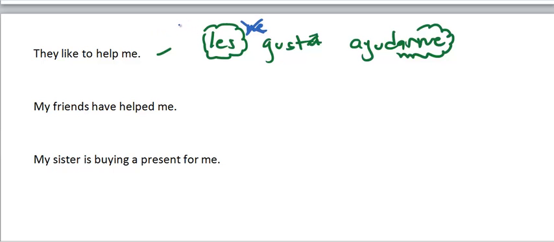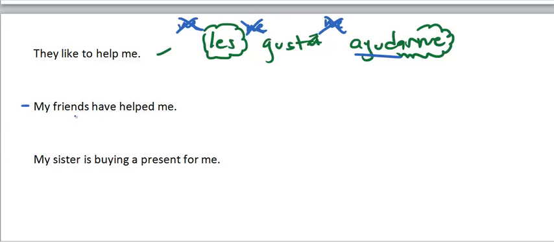You cannot say, me les gusta ayudar. Wrong. And les gusta me ayudar. Wrong. So with gustar and the verbs that behave like gustar go with infinitive. That's the only option. Okay, so we can take this structure as an exception. Now let's see this one.